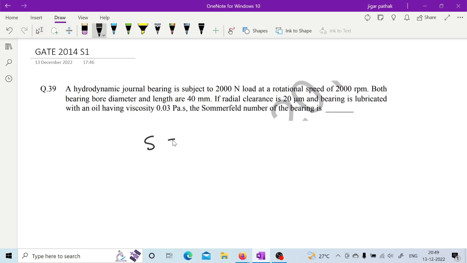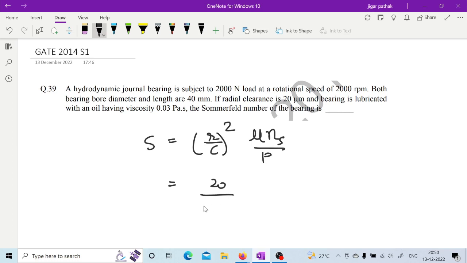What is the Sommerfeld number? You have calculated it, right? Can anyone tell? Anyone? R by C, bracket squared, into mu N by P. So what is R here? 20 mm. Diameter and length are given as 40 mm, so radius is 20 mm.